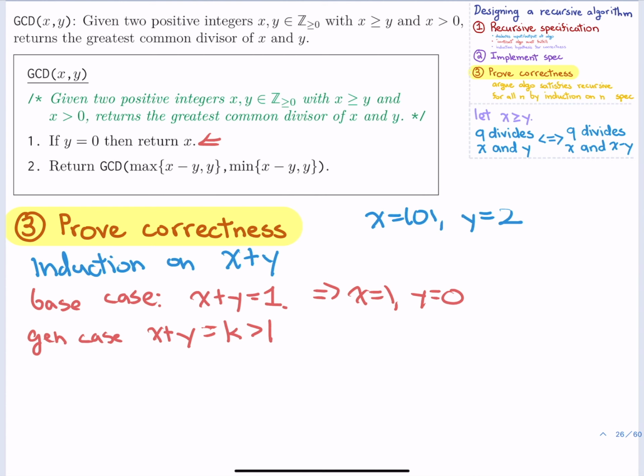And we assume that, so one thing we can do that's a little stronger, it came up in merge sort, we can assume that the algorithm will work for all values of x and y where x plus y is smaller than k, not just k minus 1. It also worked for k minus 2, k minus 3, all the way down to 1. This is called strong induction. All those cases have already been proven for you. We just have to do k.